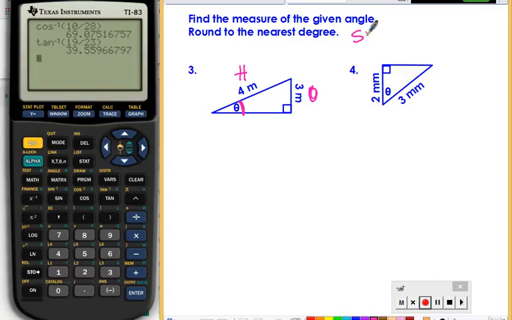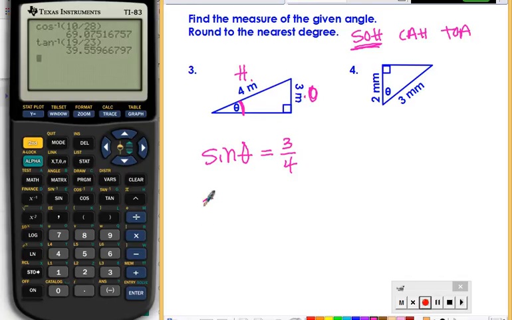Again, we go to SOHCAHTOA. We have opposite and hypotenuse, so we're going to be using the sine. So the sine of some angle theta that we're trying to figure out is equal to opposite over hypotenuse, 3 over 4. Opposite over hypotenuse. Make sure you get those in the right order.